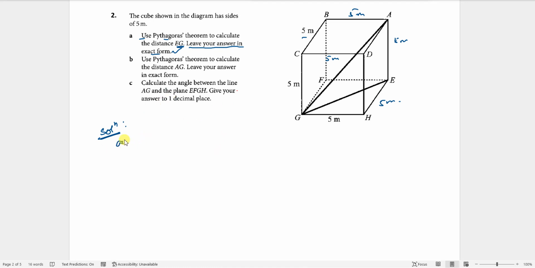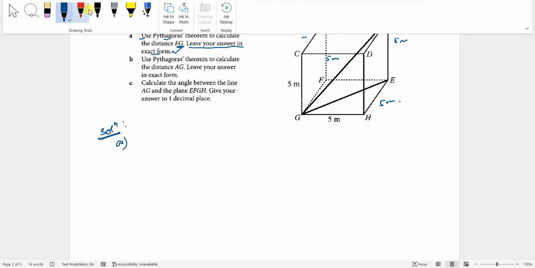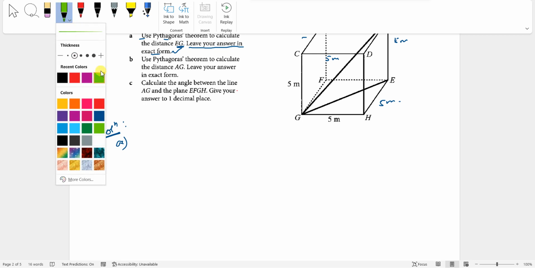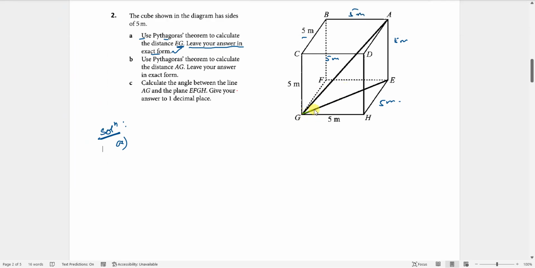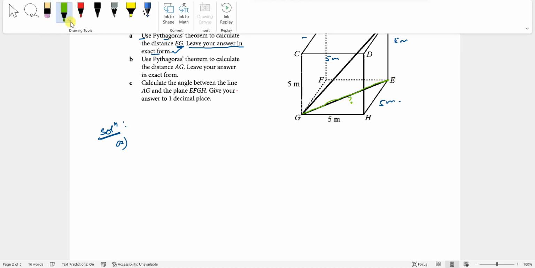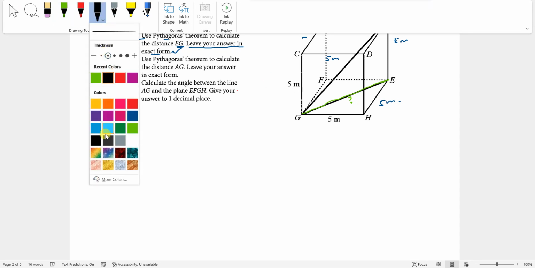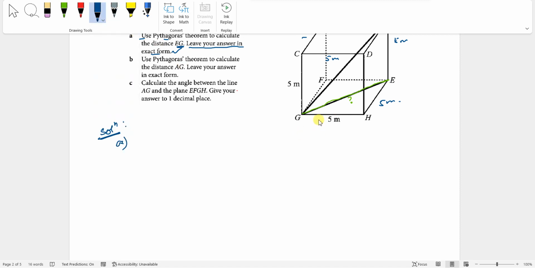So part A, EG. Where is EG? Okay, this is EG. I changed the color. Green. So this is EG. We have to find out this. So we recreate this portion again.